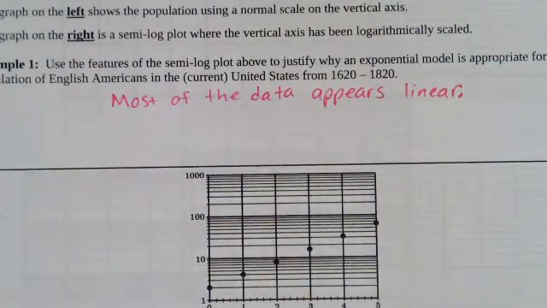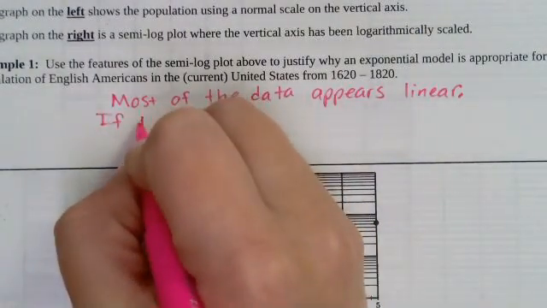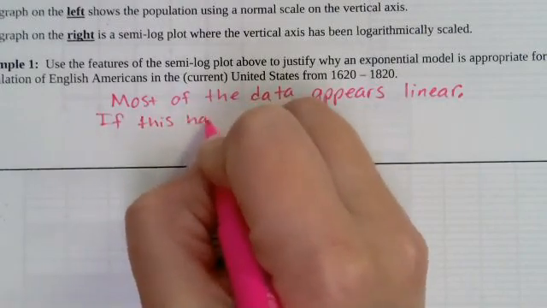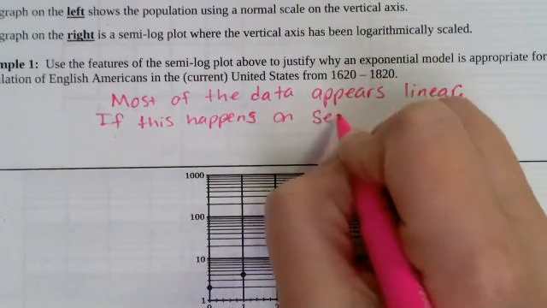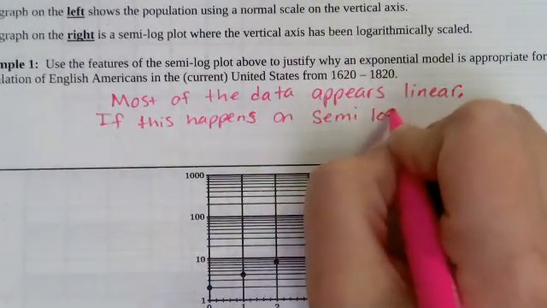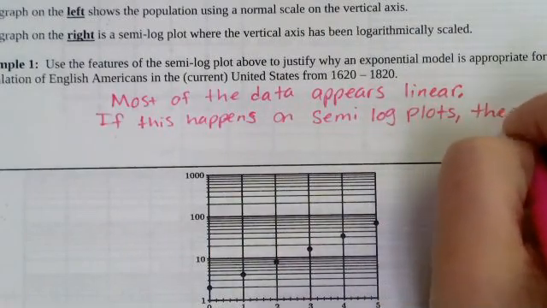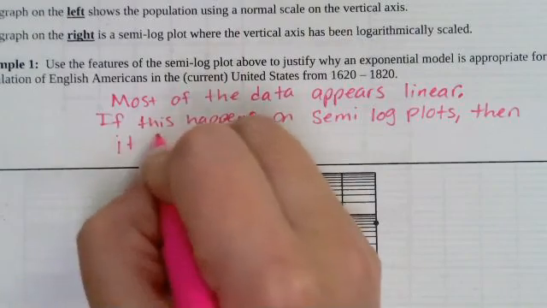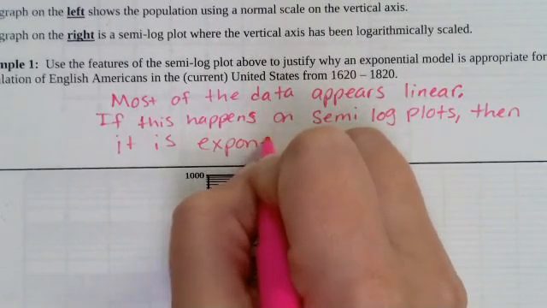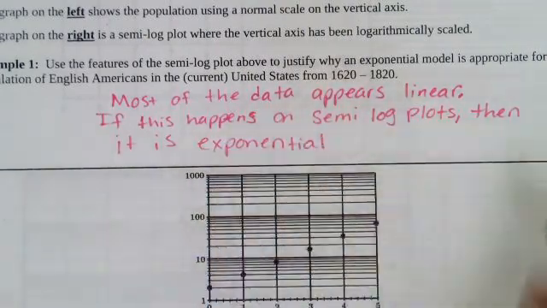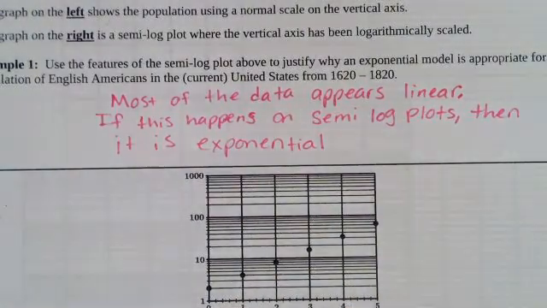Okay, I'm going to add as an extra little note on here, just for your own reference: if this happens on semi-log plots, then it is exponential. All right. So that's the first one out of the way.